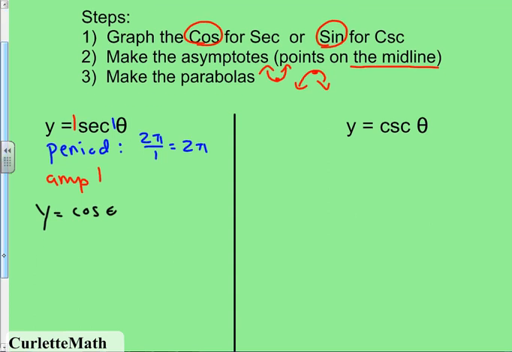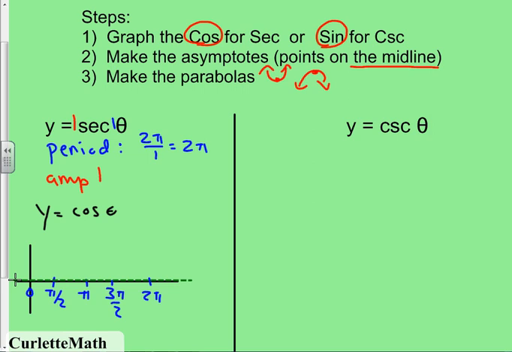Doing this, I'm going to draw in an xy axis and label in my period out to 2 pi, so I'll have 0, pi over 2, pi, 3 pi over 2, and 2 pi. I do not have a vertical shift, so my midline is going to stay there on the x-axis.